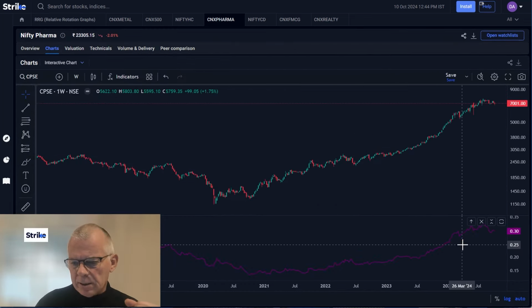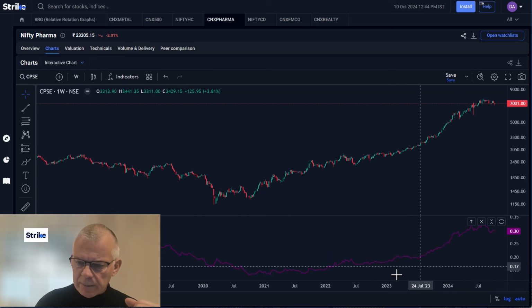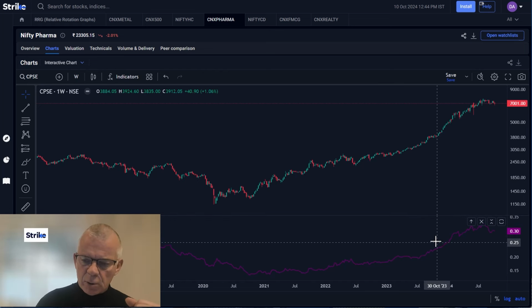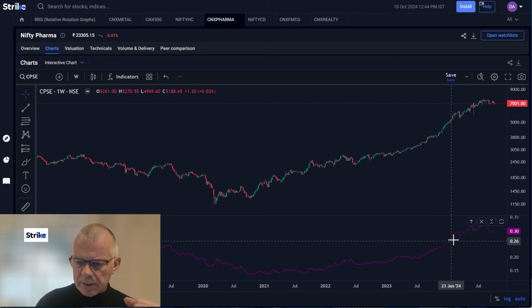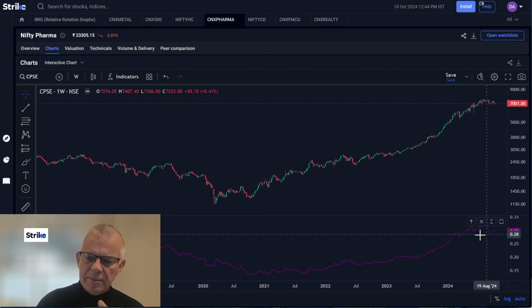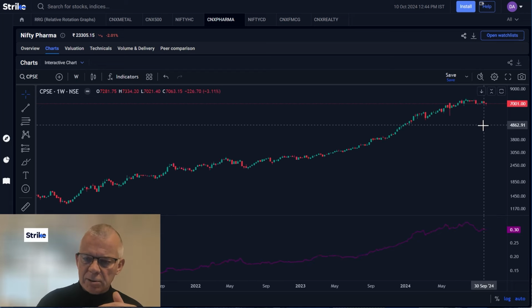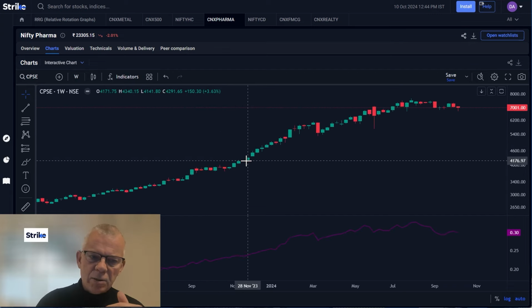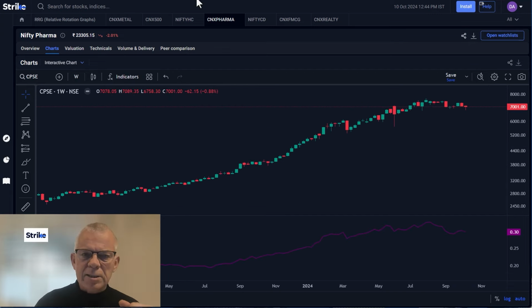Look at the raw relative strength line. That has already peaked. If you would draw an imaginary trend line here, that's broken. So that peak is probably getting in place, and I would look for a break lower below this short-term support level. Look at the price chart here, too. You can see how this is pretty toppish behavior. So watch out with the CPSE sector.